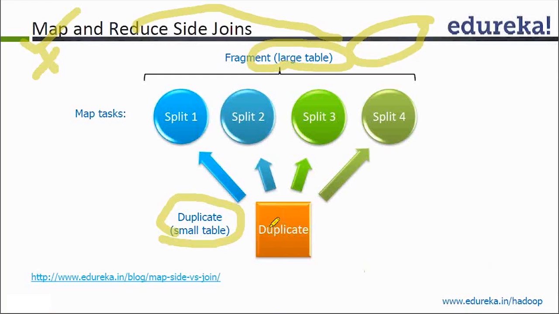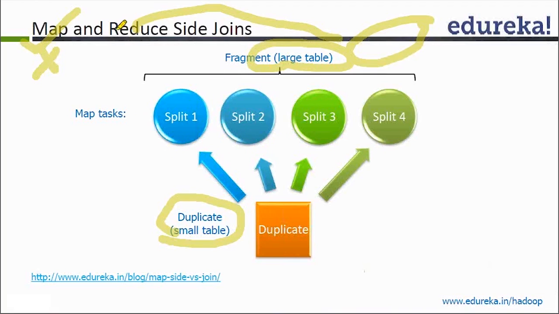But generally, when it comes to joins, you always need performance or an optimal join. If you do this Reduce side join, it is going to be slow, and if you do this Map side join, it is going to be faster, because each of the mappers is going to do the join and give you the output, so you are not waiting until the reducer completes and then starting the join.